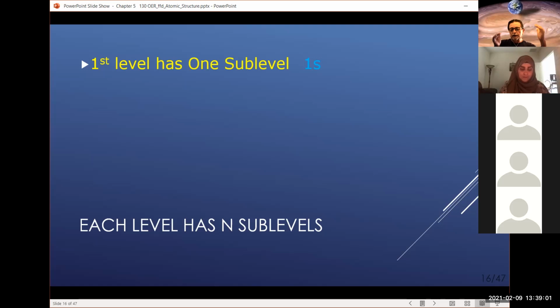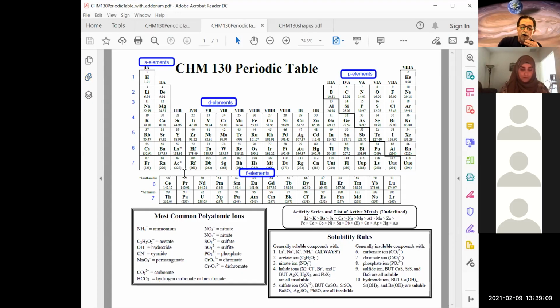So if you label those periods like I did on the periodic table, let me show you what I did here, because our periodic table doesn't have it. Starting with hydrogen, you label it 1 through 7, and let me highlight that right here.